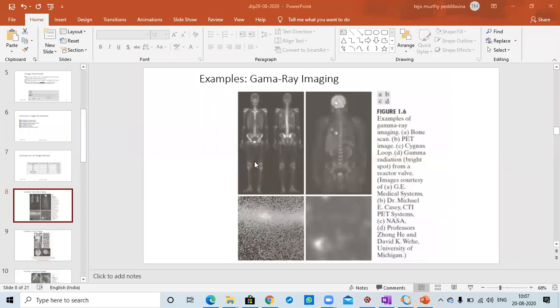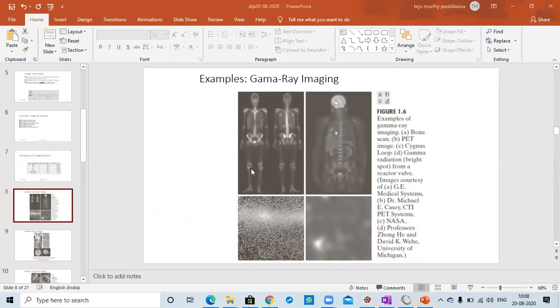These isotopes travel through our veins, and from that we can extract some information. Gamma ray imaging is useful for bone scanning, and we can identify infections and tumors present in the body.